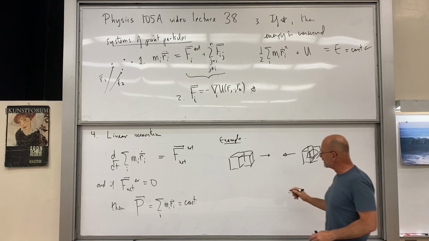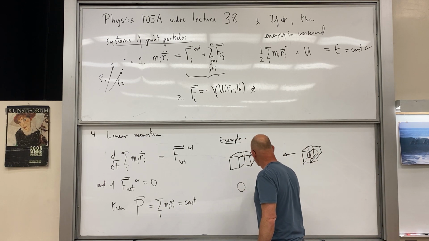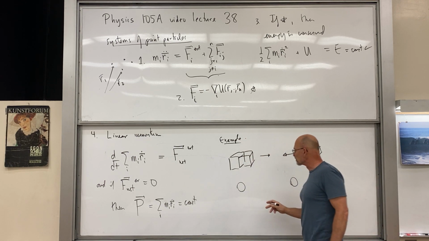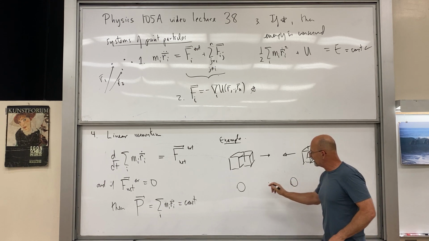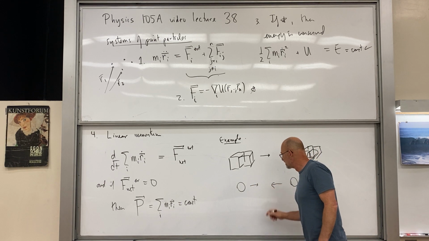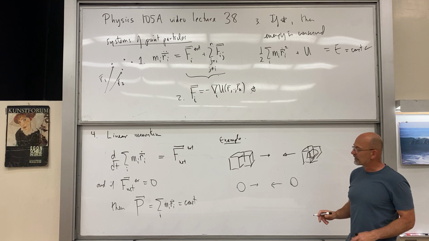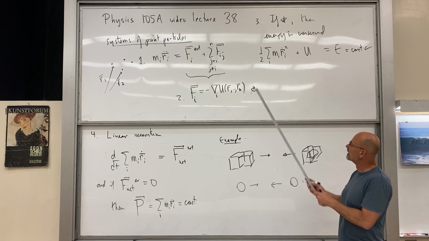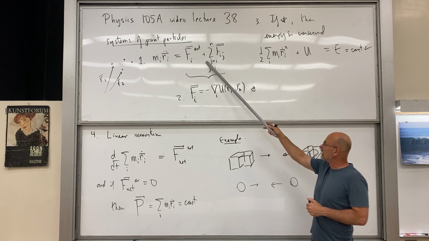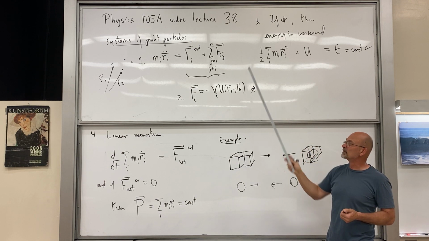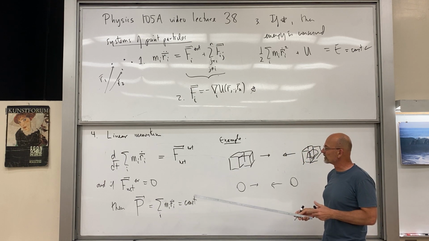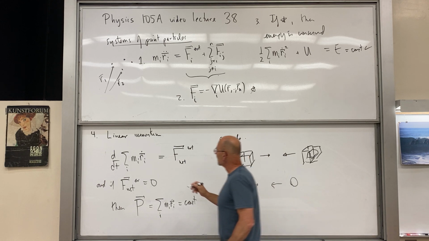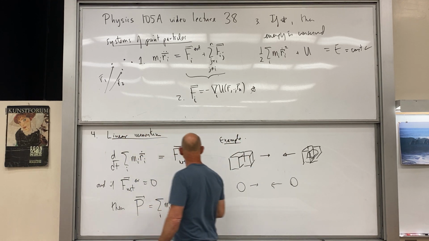And so basically you have some objects that have internal structure colliding in one way or the other. All that internal structure, the forces involving it just sum up to 0. And you're just left with conservation of linear momentum. Good.